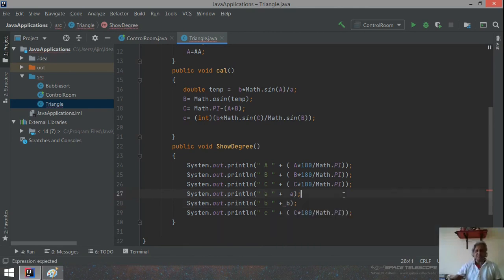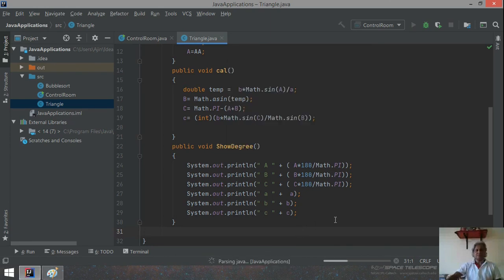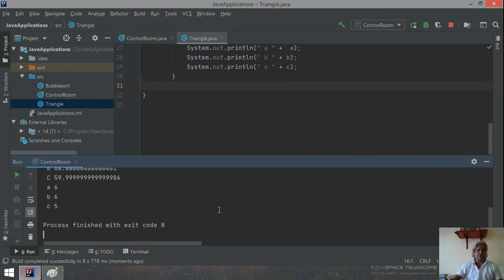This is bracket B, and this is bracket C. So now let me run the code. I entered the sides as 6, 6 and 60. Okay, now this round off, you see, it's because if 5.999 is rounded off, that's why you are getting these answers like 5.